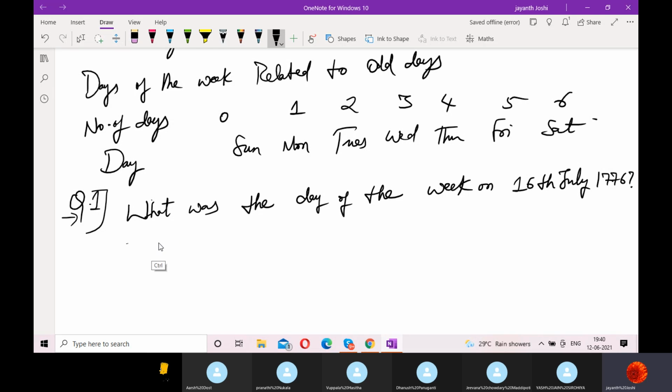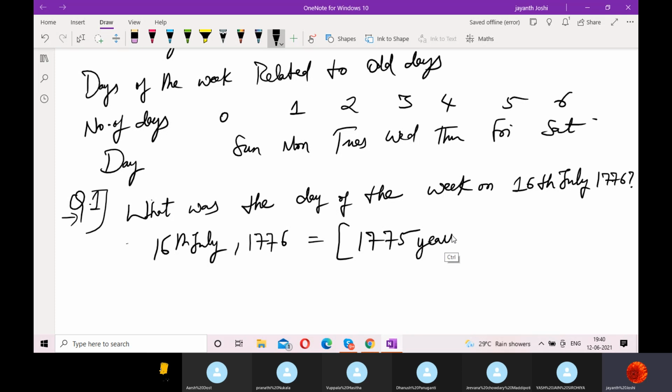So let's take 16th July into picture. See, 16th July 1776 is not a complete year. So the complete years would be till the year 1775. So if I have to write 1776, I would write 1775 years plus the period from 1st Jan 1776 to 16th July 1776.